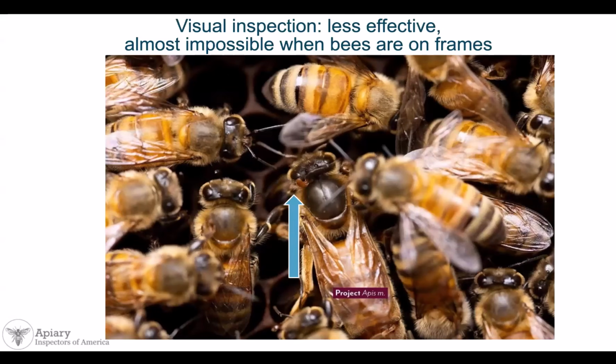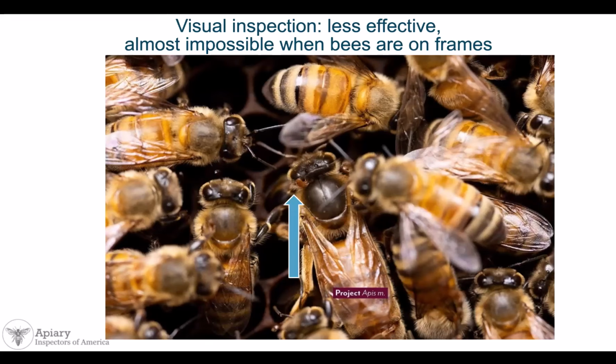So like I said, inspection is the least effective. It's almost impossible when bees are on frames. You can see that tiny little mite hanging out right there on the eye. You really have to be looking to see it. Or when they're running around the frame, like I said, they don't need to be out of the cell very long.